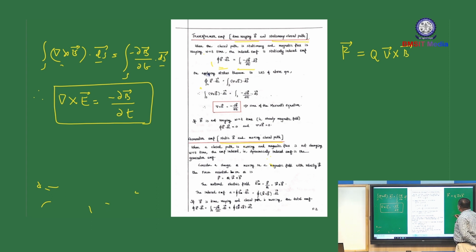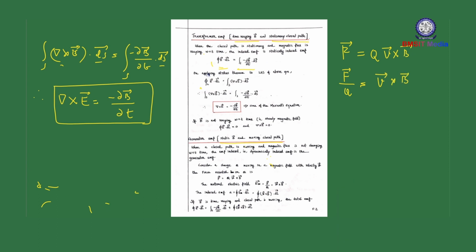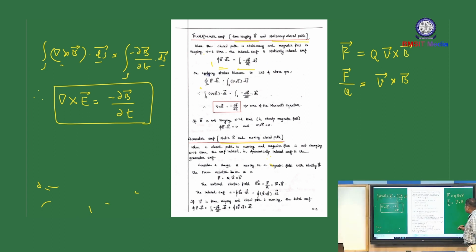Now let us take Q to the LHS. It becomes F by Q equals V cross B. We know that force per unit charge is electric field intensity. Now, what type of electric field intensity? It is motional electric field intensity, because the path is moving.